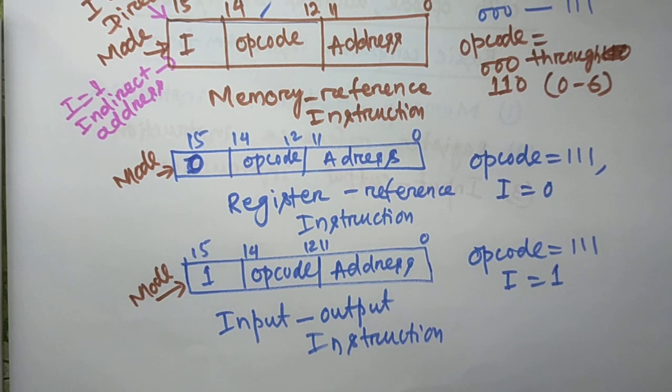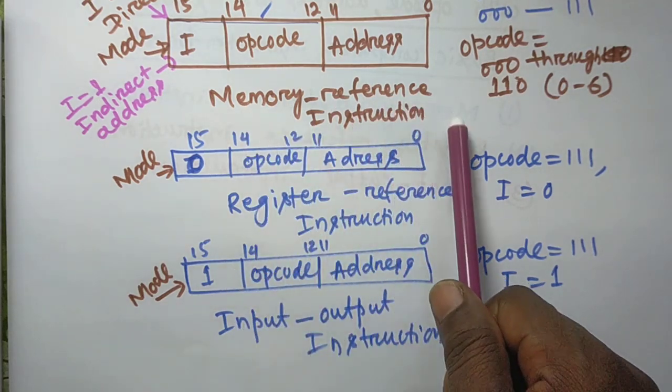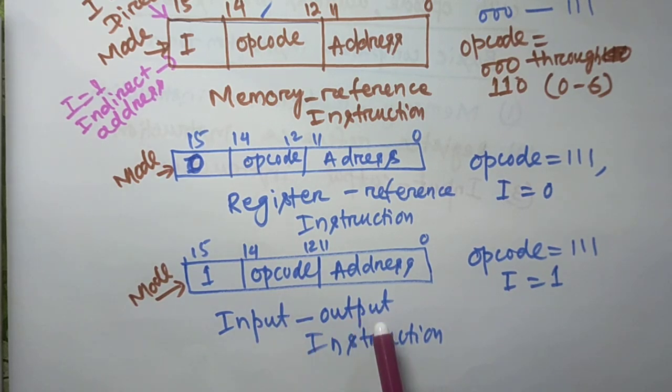So this is the basic concept to define what kind of instruction format it is: either a memory reference instruction, or register reference instruction, or input output instruction.